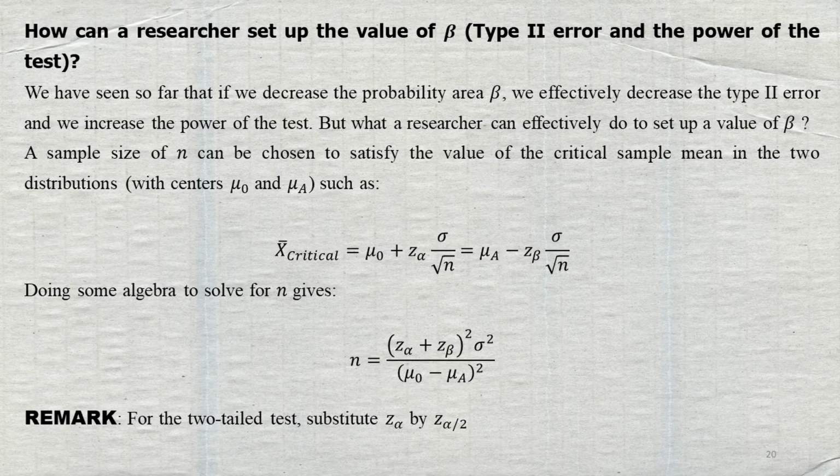A sample size n can be chosen to satisfy the value of the critical sample mean in the two distributions, with centers mu 0 and mu A. This is accomplished by manipulating the relation for the x bar critical to find the appropriate value of the sample size n, as shown in the slide.